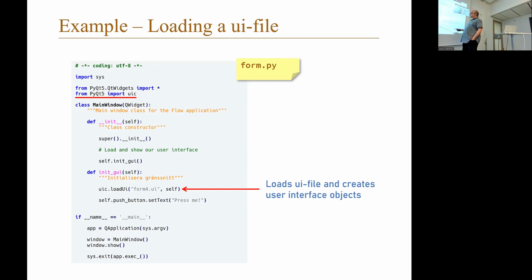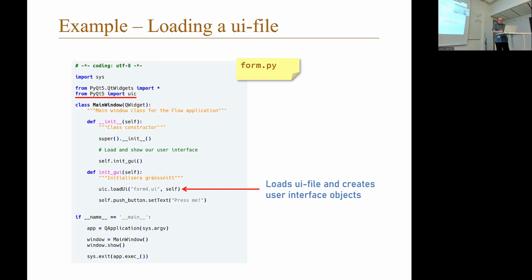So if you put self here, all the objects from the user interface will be created directly in your main window object, just like you would have done manually. And then you can see the self.pushButton here is actually the object that you created. The name you gave in Qt Designer will be available here as well. And then you can use it like it would be created manually.